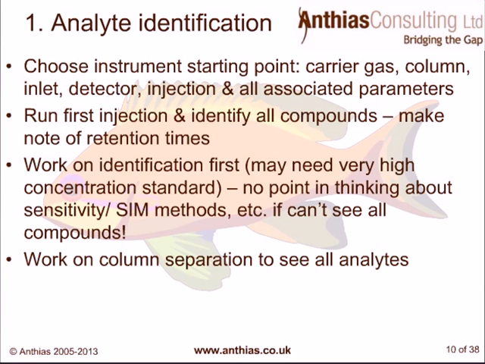separate. Now the concentrations, how high a concentration of that standard really depends on the setup you've got. So for example, if you're using a very sensitive mass spectrometer, then it'll not be as high a concentration as others.